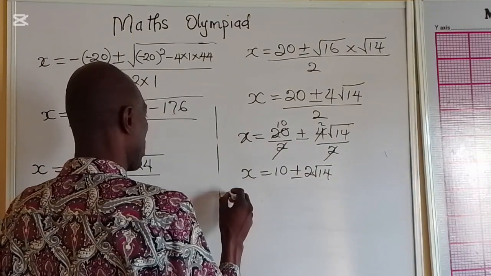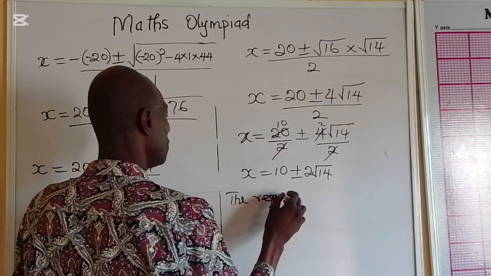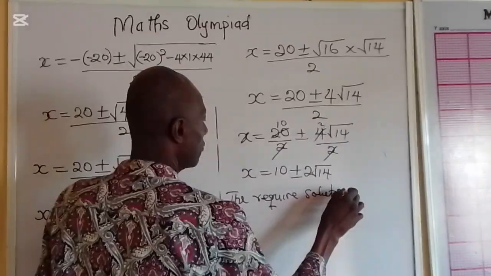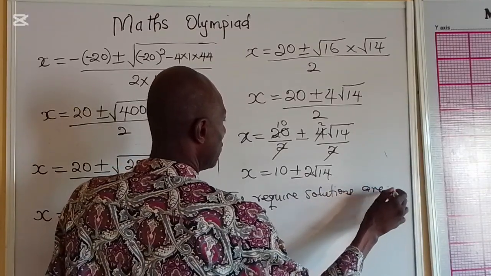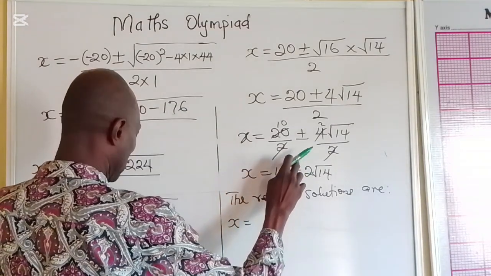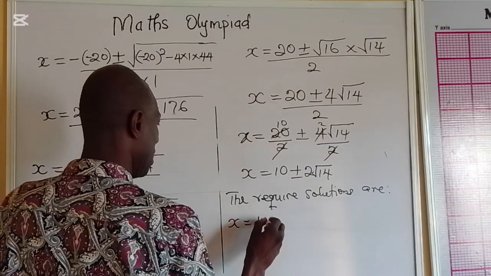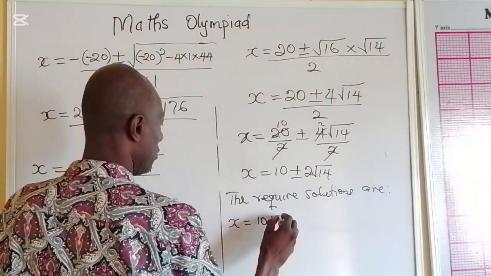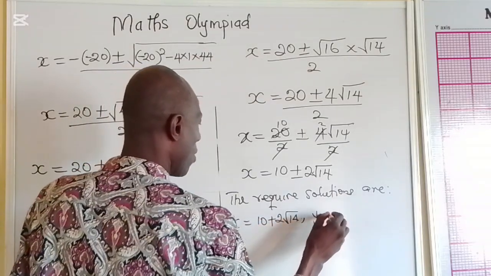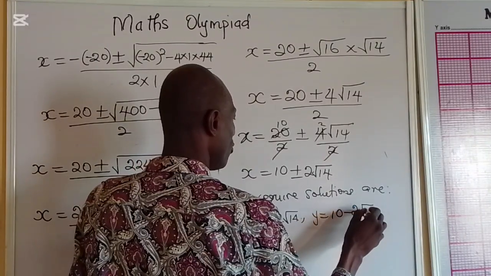Now, it requires the solution. The required solutions are: if x is 10 plus 2 root 14, having taken the plus sign, then y will be 10 minus 2 root 14.